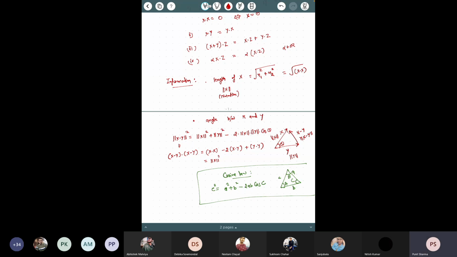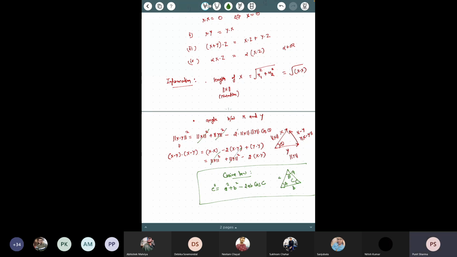Now you can compare both sides. You'll see that these two terms cancel out each other, and this 2 is also gone. What you are left with is the following: x dot y is equal to length of x, length of y, cos theta.